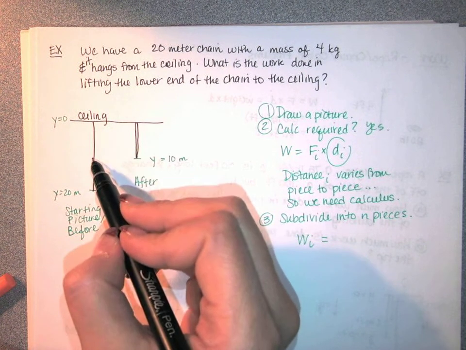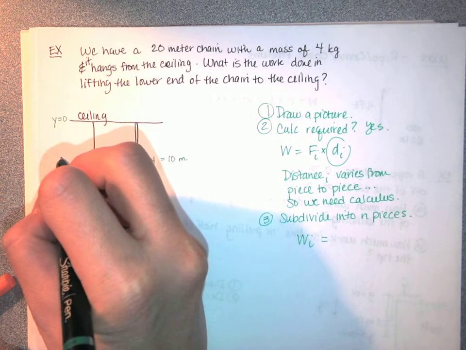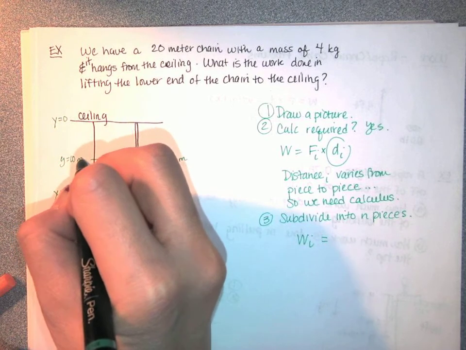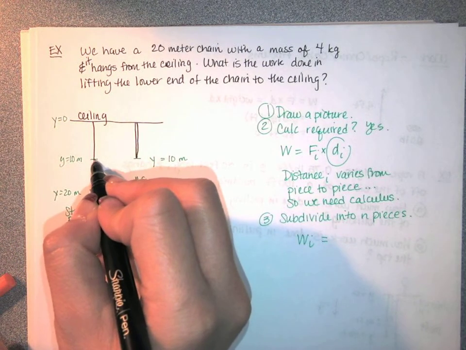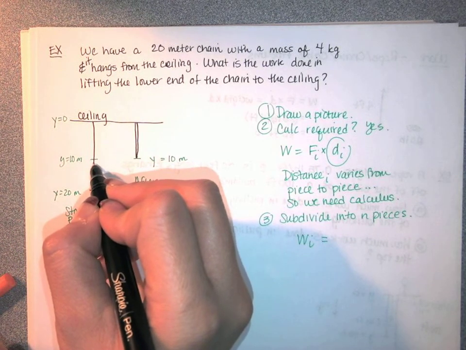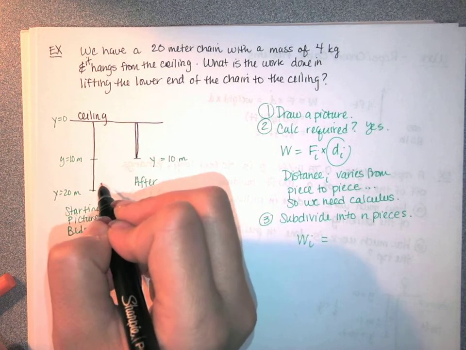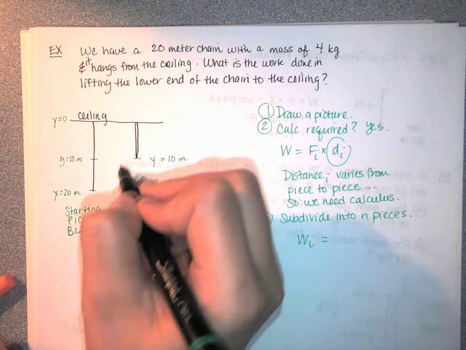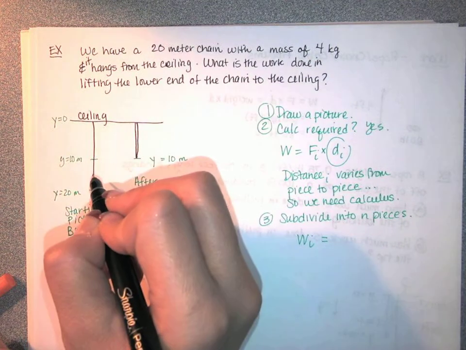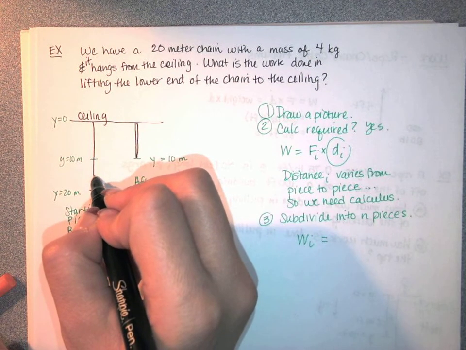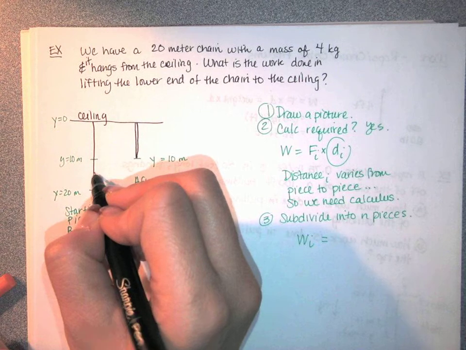It's staying there. But starting at y equals 10 meters, that part stays stationary, but y equals 10.5 moves a little bit. It moves from here to here. Y equals 20 moves all the way to the top. But the one at y equals 15 meters moves from 15, well, that's going to be 5 units of distance, right?